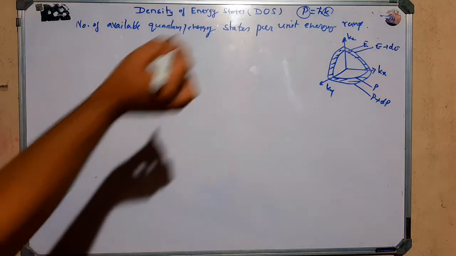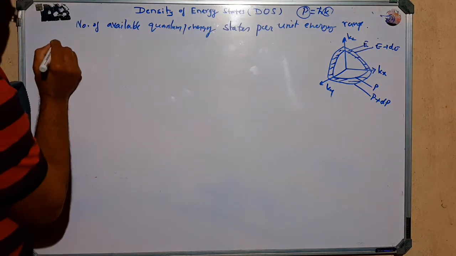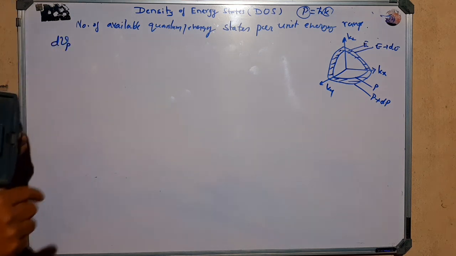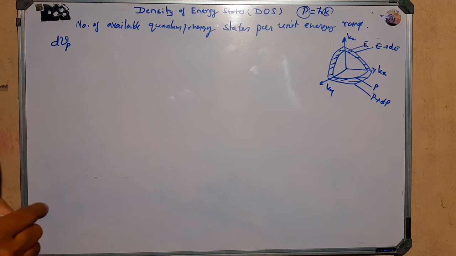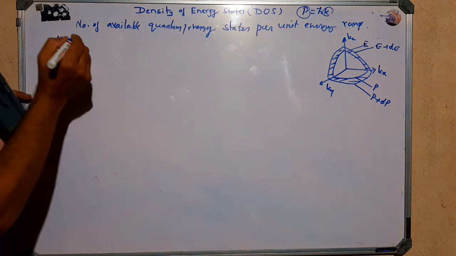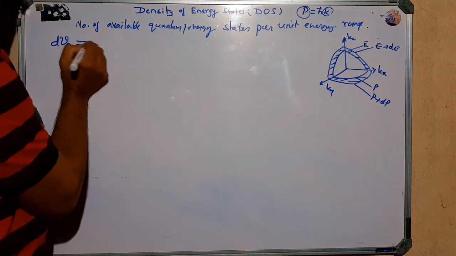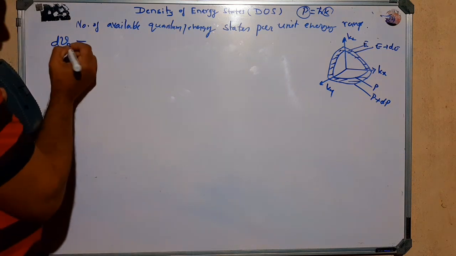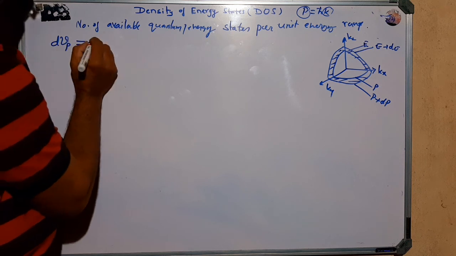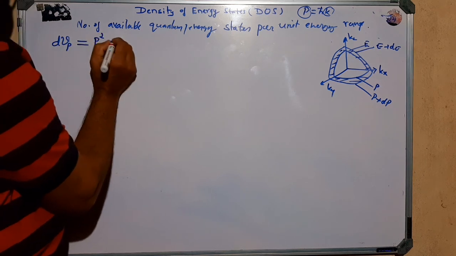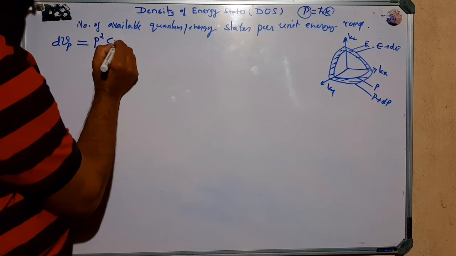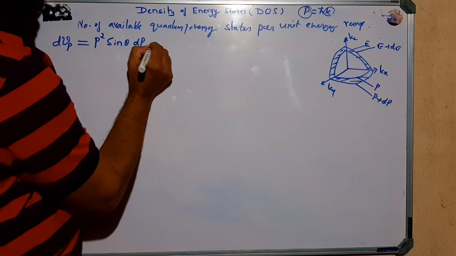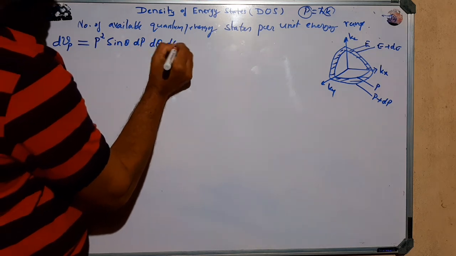The volume of that shaded region, I am writing as dVp. P represents that we are considering this in momentum space. It can be shown that using the spherical polar coordinate system, the volume element dVp is equal to p square sin theta into dp into d theta into d phi.